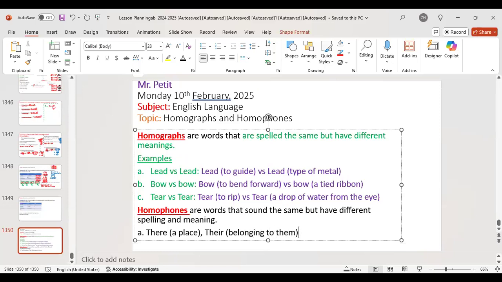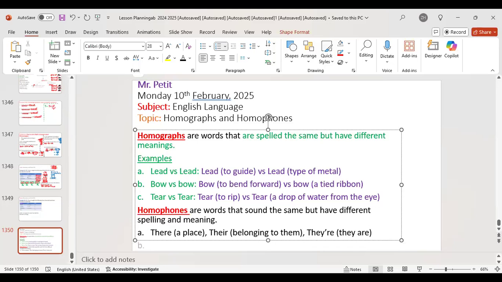And then you have another type of there, which means they are, the contraction. They are. Very good. This is homophones because they all sound the same, but they have different spelling and different meaning.